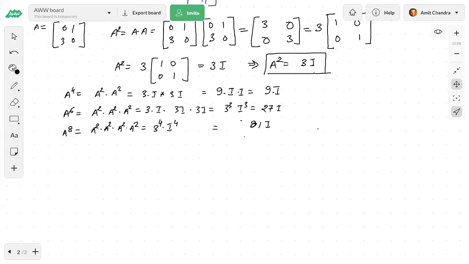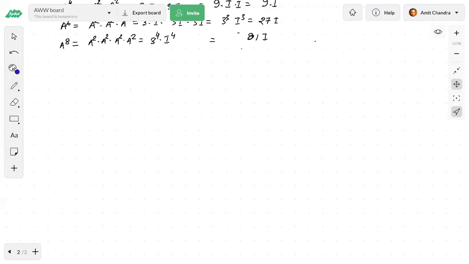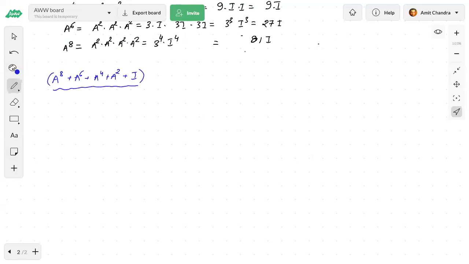So this is a to the power 8 plus a to the power 6 plus a to the power 4 plus a square plus I, right? Even when we add up these matrices, suppose I write it as matrix X, this matrix will be of the order of 2 cross 2, right?